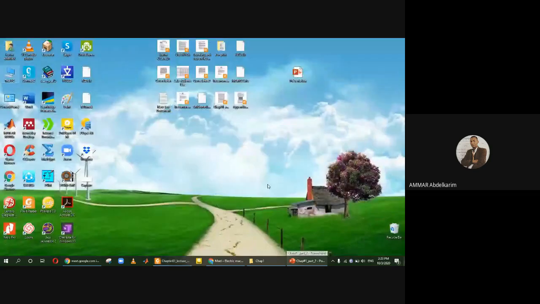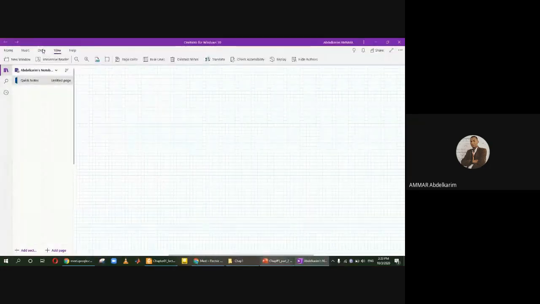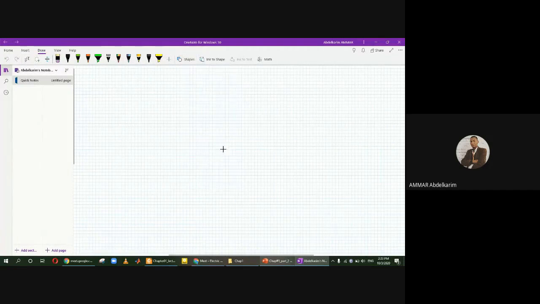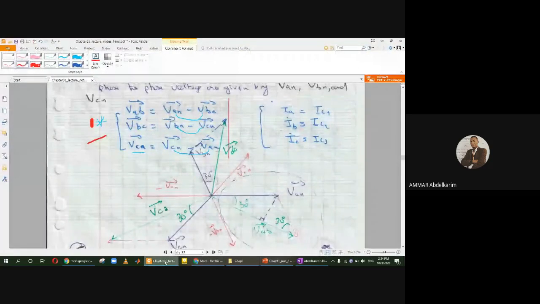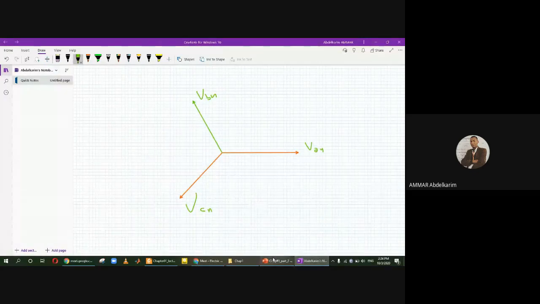Let's draw them using this board. So we have three phases, shifted by 120 degrees. Those are VAN, VBN, and VCN.